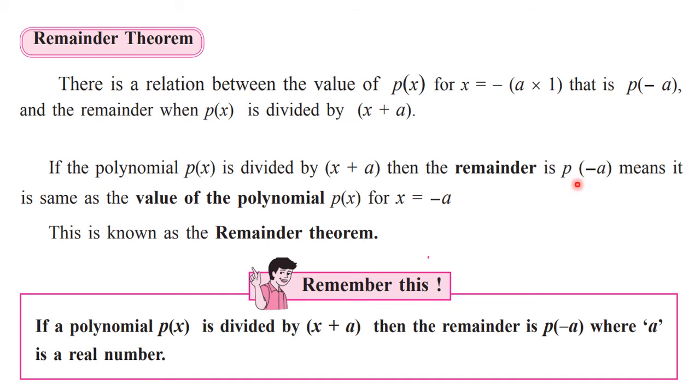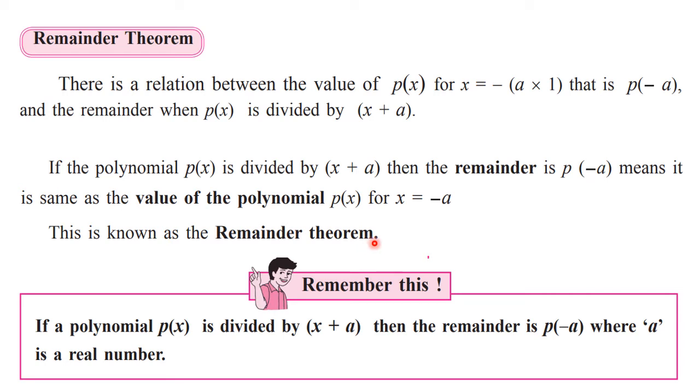So remainder means nothing but the value of that polynomial p of x for x is equal to minus a. Please take a note that here from the divisor we have to take opposite of the number as we used to take for synthetic division. So if divisor x plus a, then the value we are going to find for p of minus a. Okay, and that value gives us the remainder. This is called as remainder theorem.